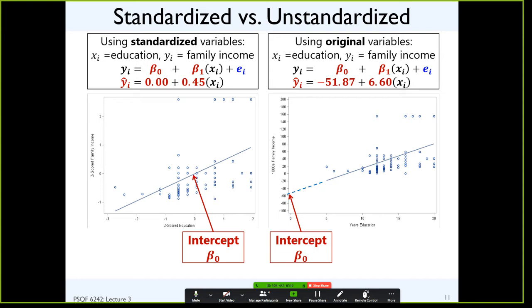So another way of saying that is y hat is what is predicted by the model to be your outcome. So anybody with the same level of education has the same predicted outcome, the same y hat. What your actual outcome is, is the difference between what is predicted for you and what you actually got.